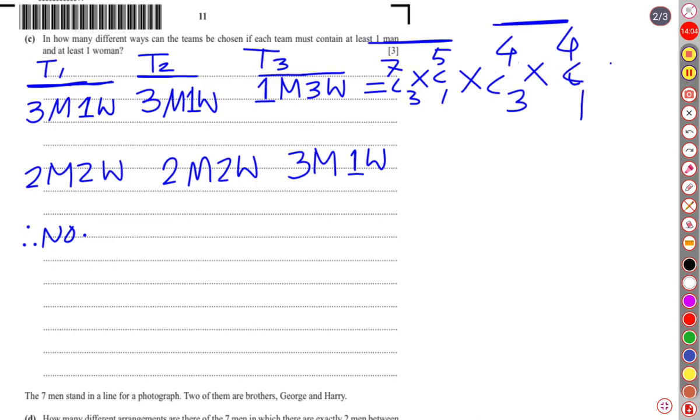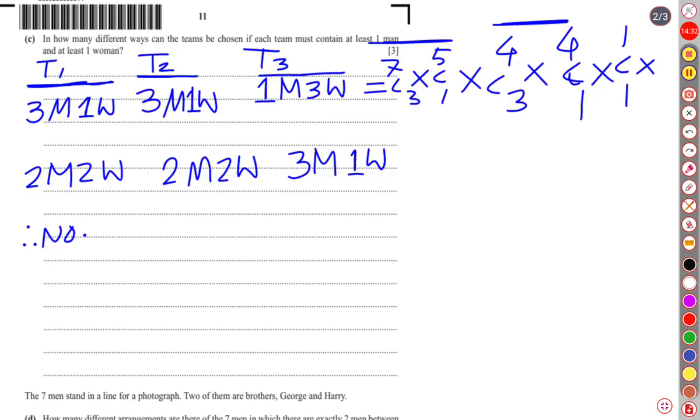Then for the third team, how many men are left? 3 plus 3, 6 went away, so there remains only 1 man. From 1 we are choosing 1, so 1 choose 1. And let's see the women. 2 women went away, so there remain only 3 women.